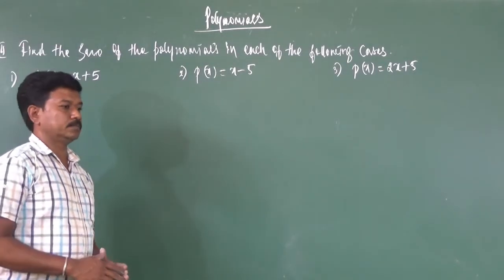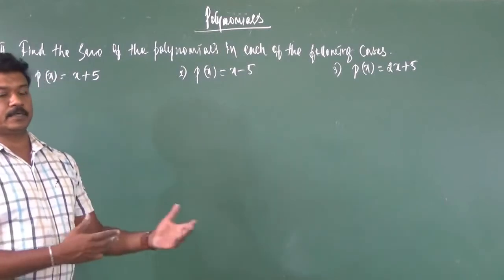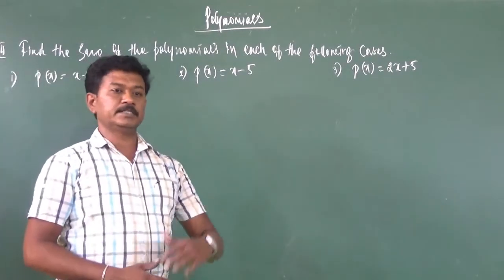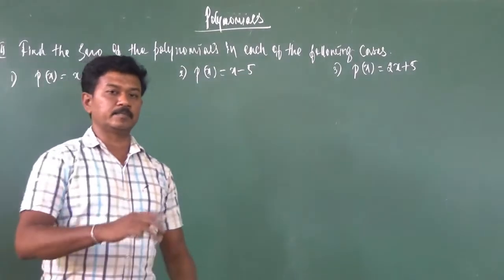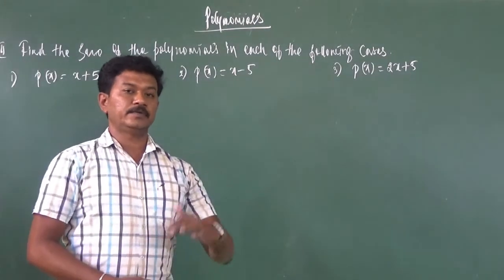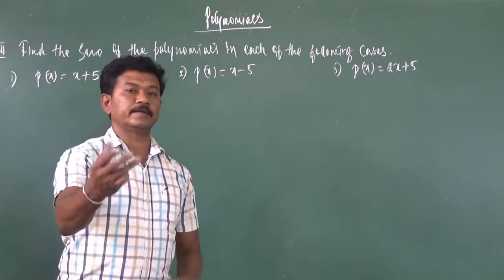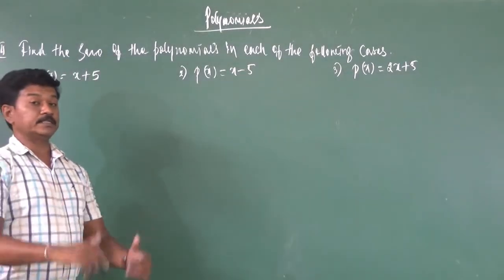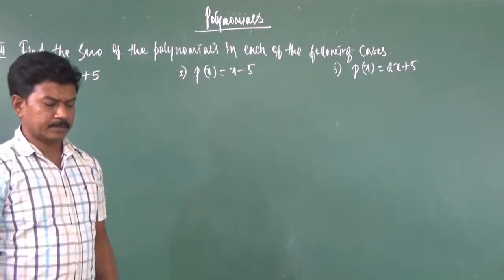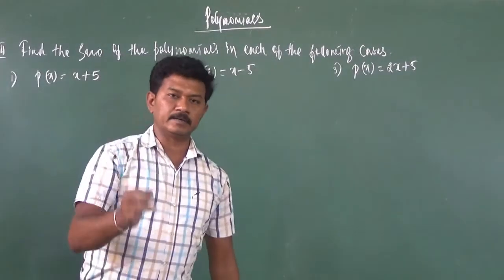So 0 of the polynomial depends upon the degree of the polynomial. If it is a linear polynomial, you are going to get 1 0. If it is a quadratic polynomial, at most you are going to get 2 zeros. If it is a cubic polynomial, at most you are going to get 3 zeros. Thing continues. But how to find the 0? Very simple. Take the polynomial what they have given.